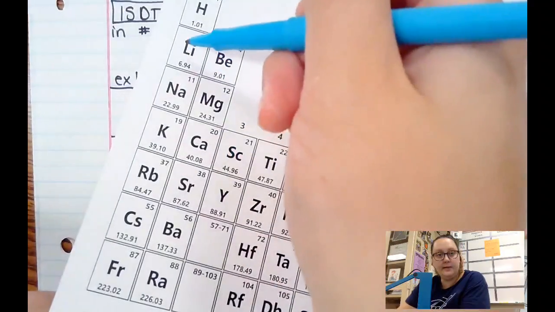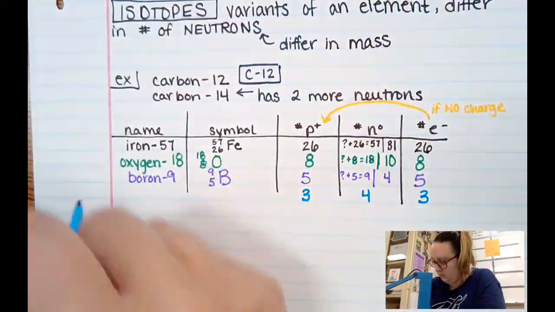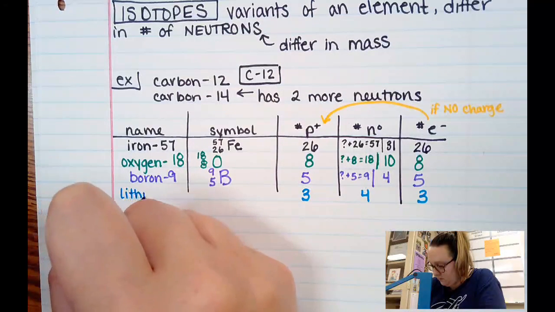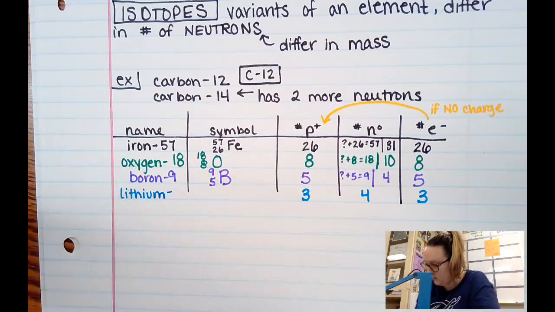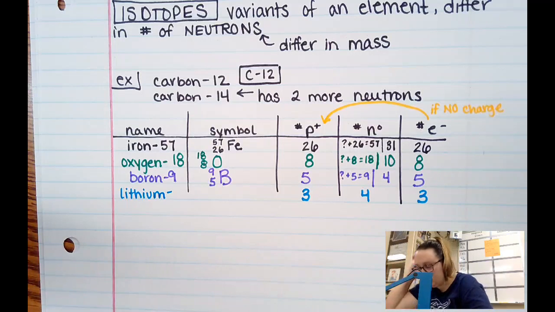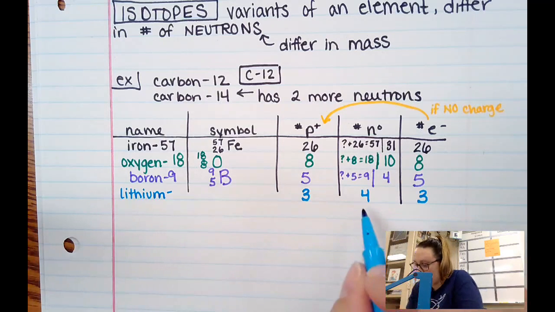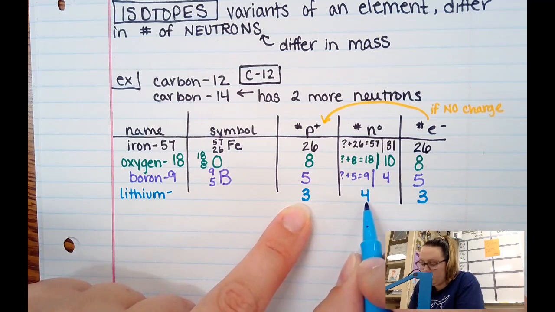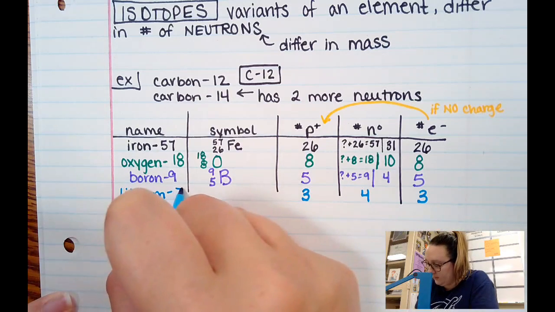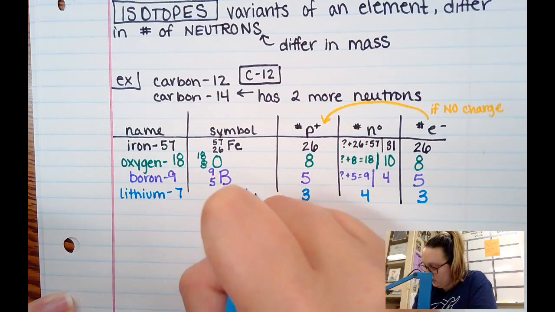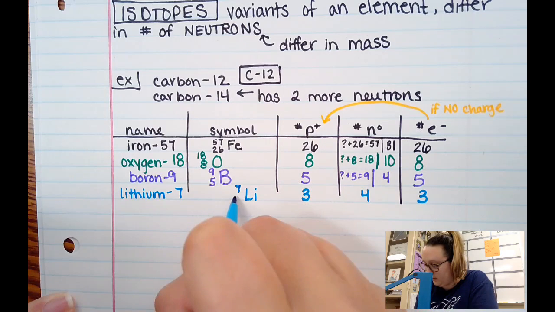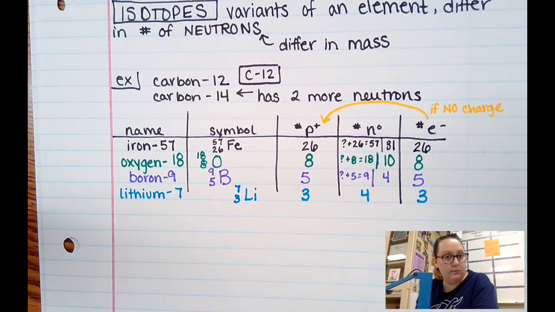Element number 3 is lithium. And the mass is protons plus neutrons, so the mass is 3 plus 4, 7. And it was atomic number 3.